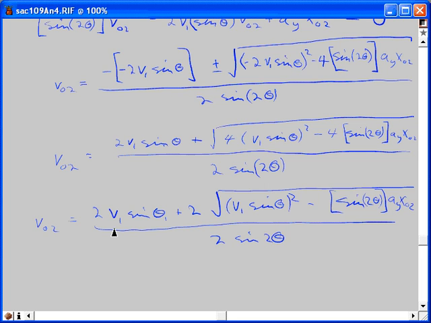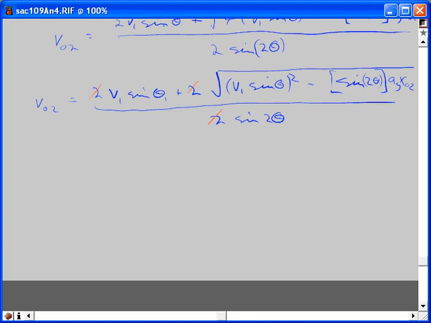Here's the point. This 2 has to get divided into every term upstairs, but there's a 2 in every term upstairs, so it just cancels out. And we wind up with VO2 is V1 sine of theta plus V1 sine of theta. There was only one theta, so I don't need a 1 on the theta. That's all squared.